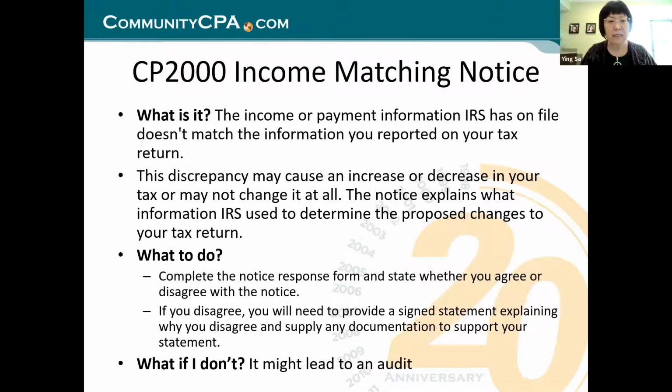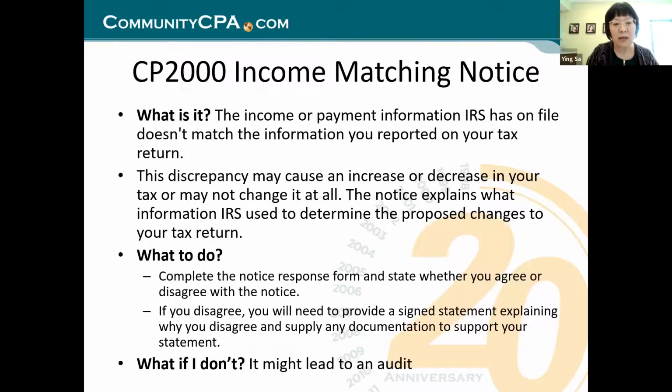CP2000, again, this is kind of an echo back to what we talked about last Saturday. If you search my website, you'll find that. This is a matching notice. IRS says my data doesn't match with your data, and you need to figure out why, that I have so much more income than you reported.